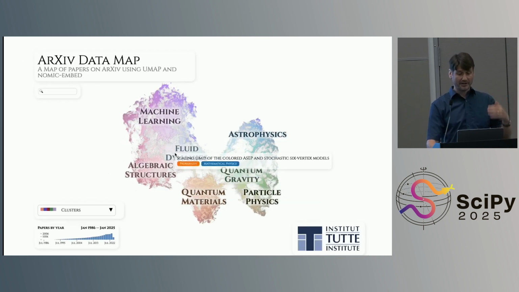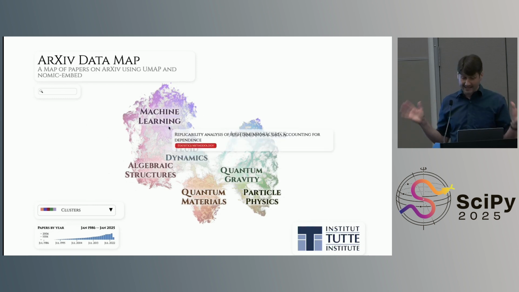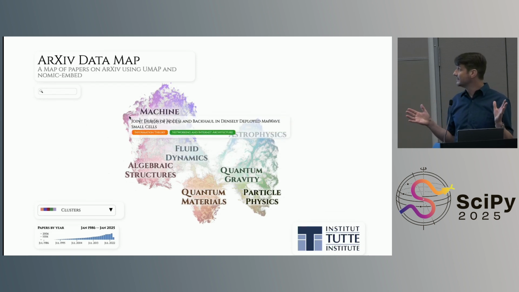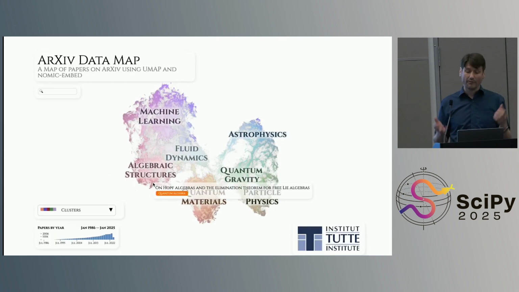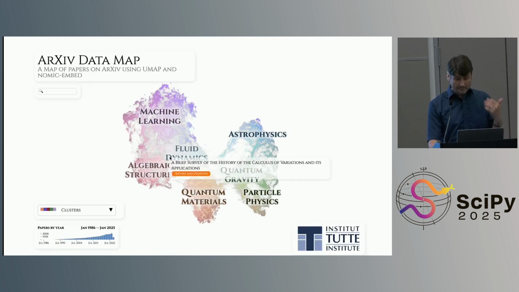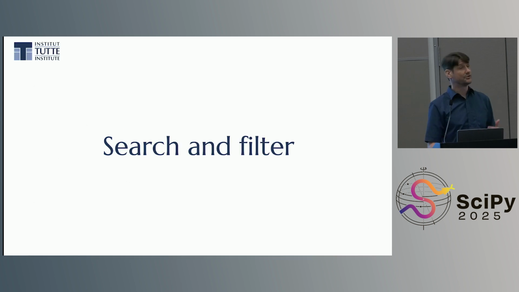So I want something where I can hover over points and get that information highlighted for me easily. And if I want to click on a point, I want it to take me to something with more detail about that. But I also want to be able to search and filter, to be able to explore more about the metadata attached to that plot.